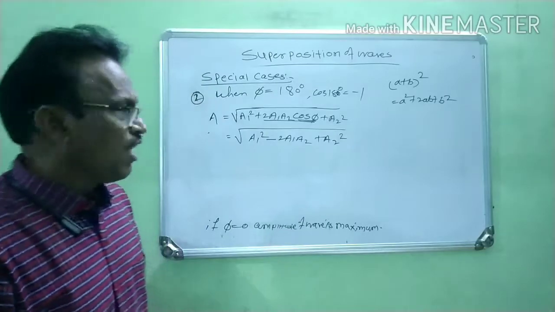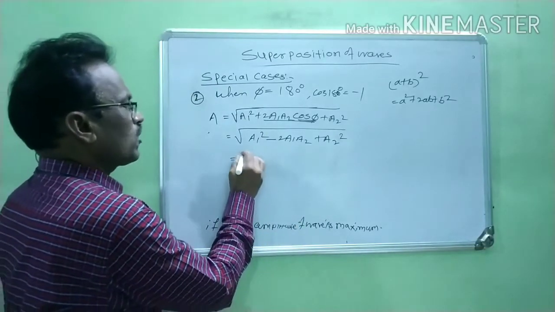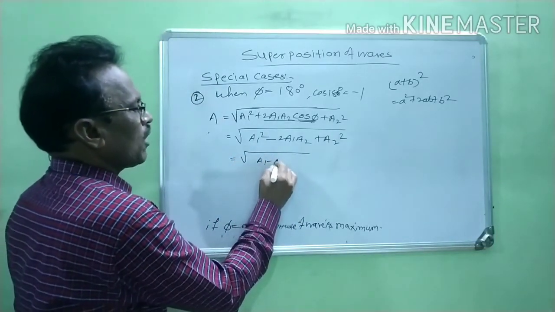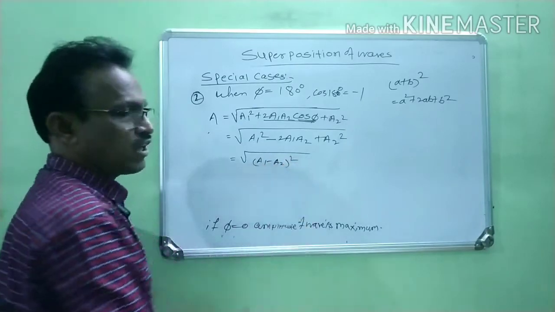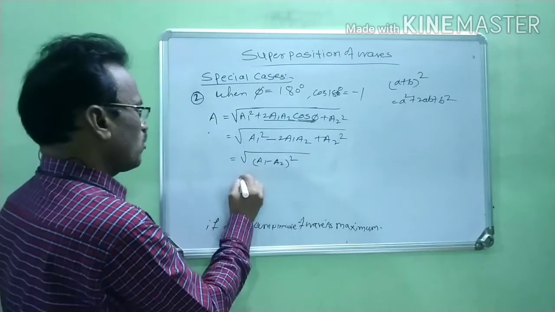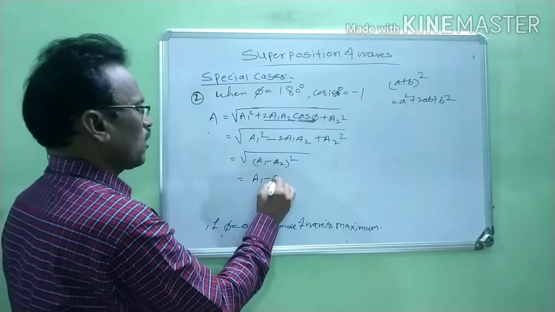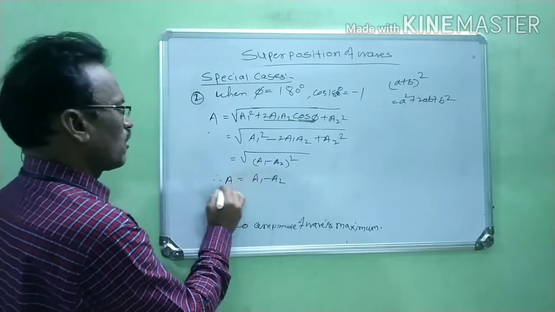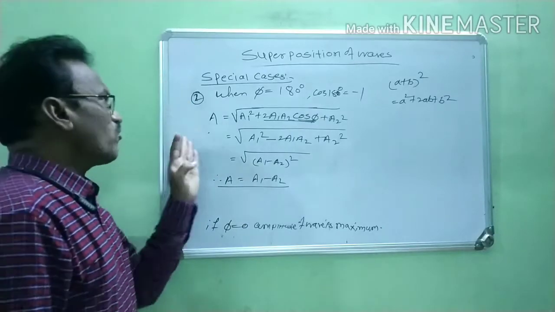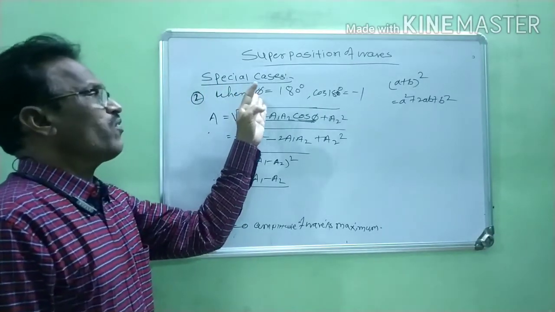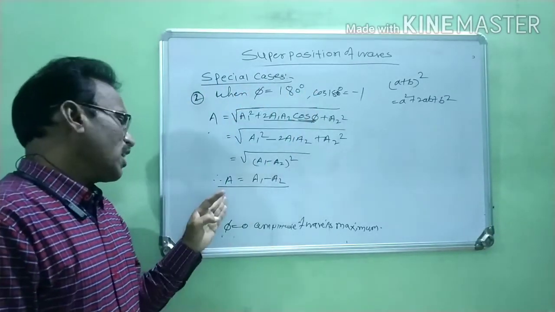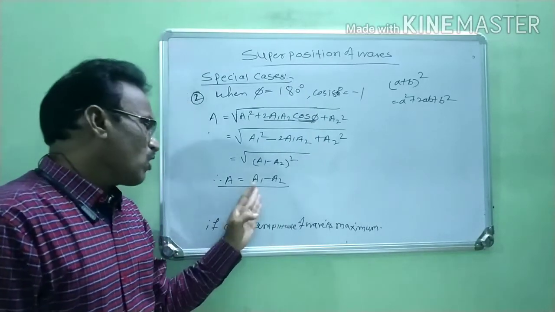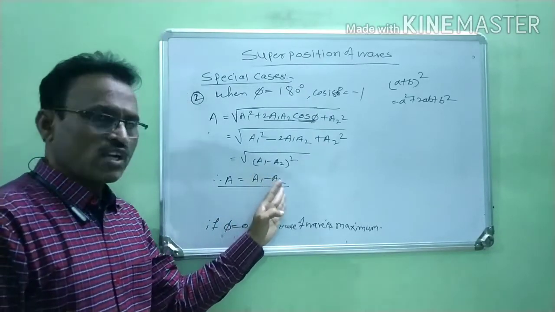Again when we solve this, it is written as (A1 minus A2) whole square, and taking the square root, it is A1 minus A2, and the left hand side is A. Therefore, when the phase difference phi is 180 degrees, the resultant amplitude A is always equal to A1 minus A2.